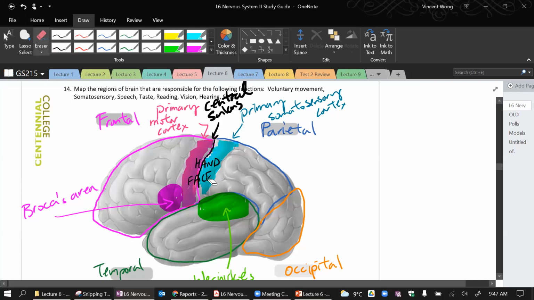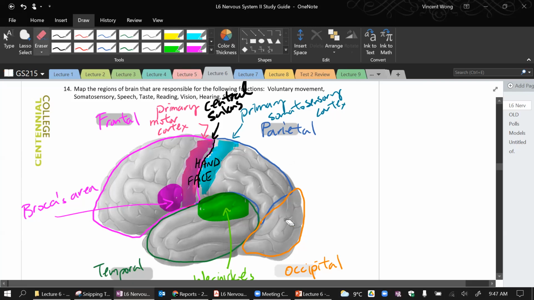If you damage this part of the brain, then you will have trouble feeling the right side of your face. Remember, the primary somatosensory cortex is for sensation, feelings. And this is for voluntary control. So if you damage this part, you cannot feel the right side of the face. You can still move it, you can't feel it. If you damage this part, you won't be able to move the right side of your face. It will appear to be droopy, but you can still feel it.